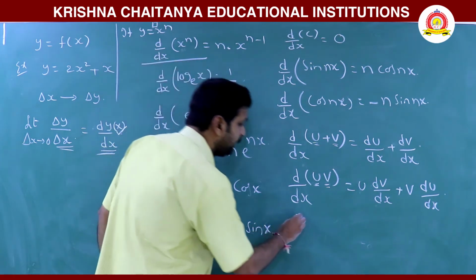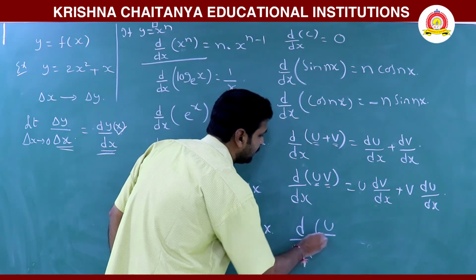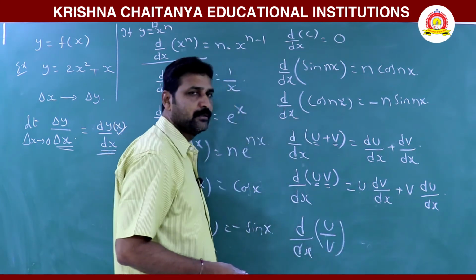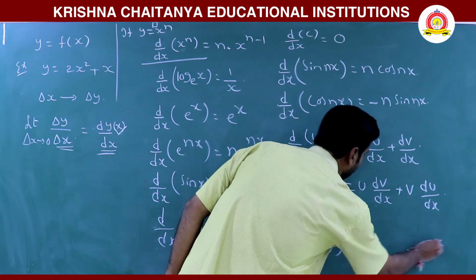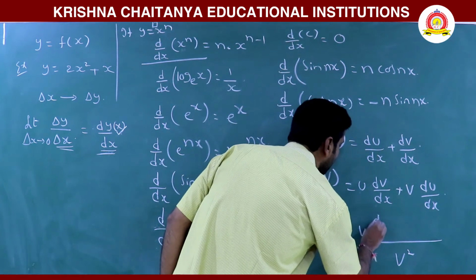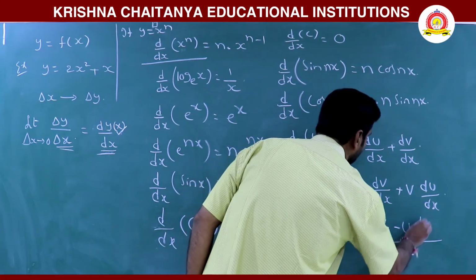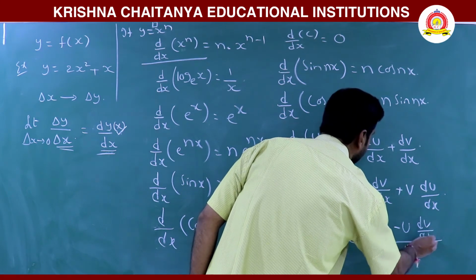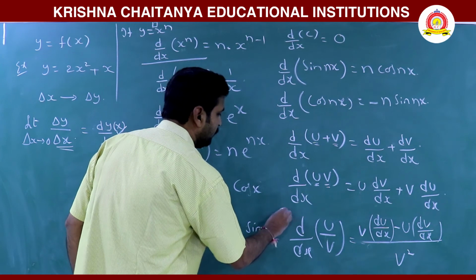Okay. Similarly, if this is division, u by v, then the differentiation formula is v du by dx minus u dv by dx, all over v squared.